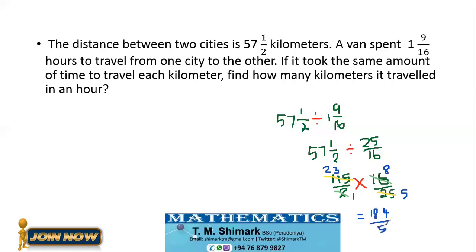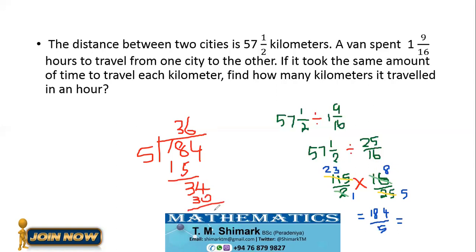It would be nice to give it as a mixed fraction, so I'll divide this. 184 divided by 5: 5 into 18 is 3, remaining 3. Then 34: 5 into 34 is 6, that is 30, so 4 remains. The answer is 36, with 4 as the remainder and 5 as the denominator.